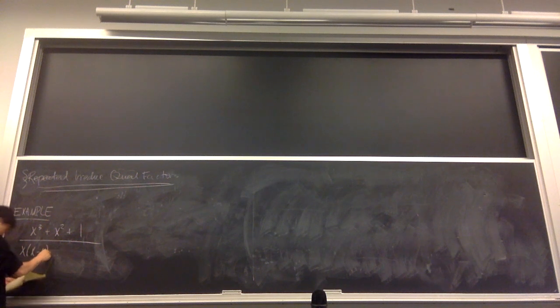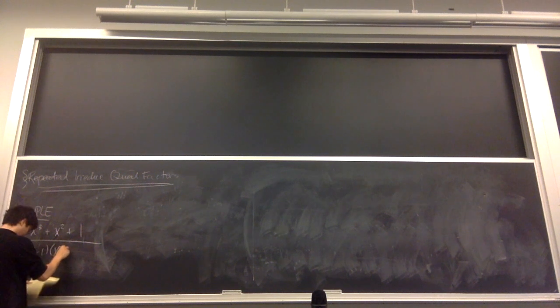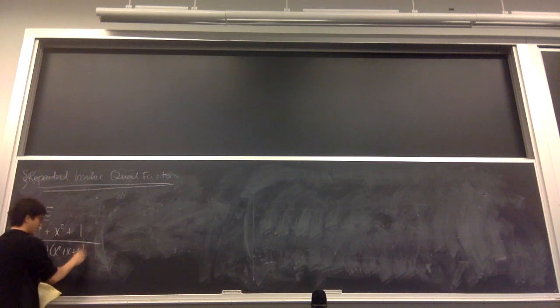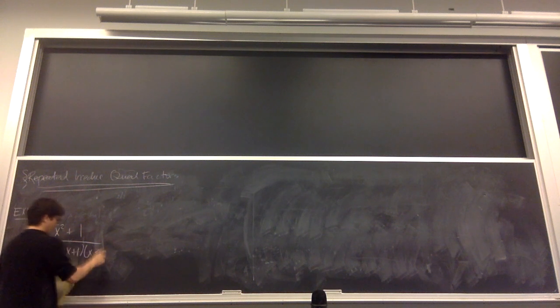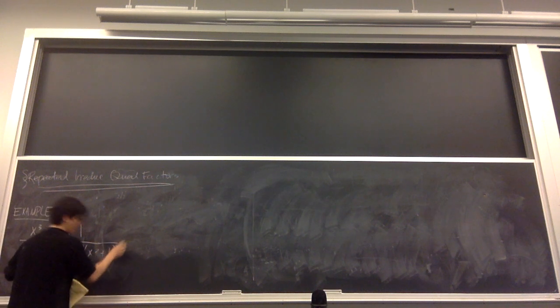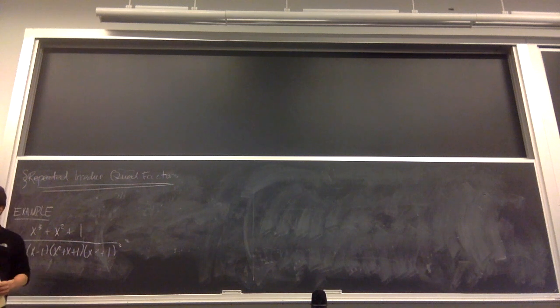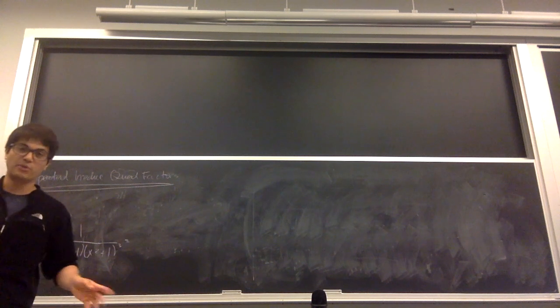Here's an example. If we have x cubed plus x squared plus 1 over x minus 1, x squared plus x plus 1, x squared plus 1 cubed. Okay, so it's going to be huge, but it's going to demonstrate what to do in the most general sense.